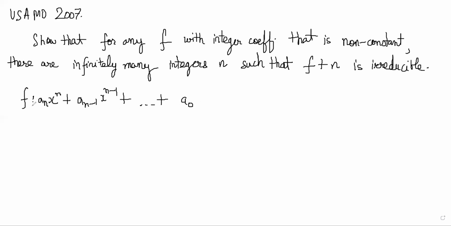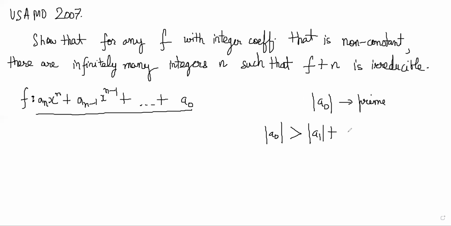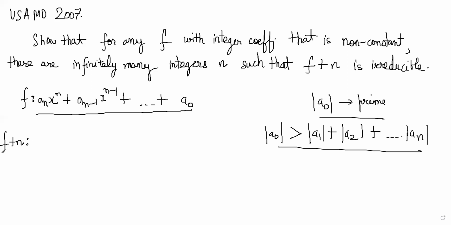So by the first version of the criteria, if this is a non-constant polynomial, then mod of a naught should be prime and mod of a naught should be greater than mod of a1 plus mod of a2 till mod of an. These two conditions should be true for f to be irreducible. That was Perron's criteria. Now we have to do this for polynomial f plus n.